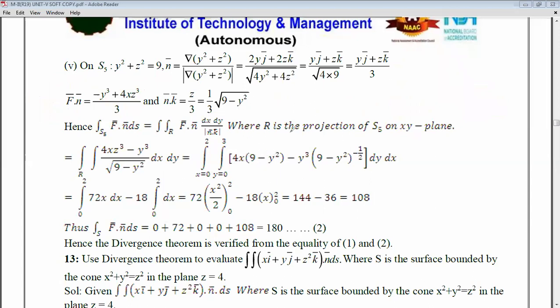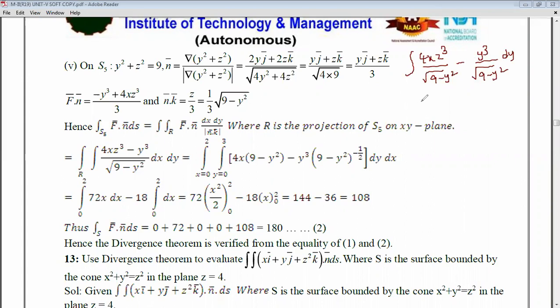So here I'm going to simplify this. Let us see that one. The integral of 4x z³ by the square root of 9 minus y² minus y³ by the square root of 9 minus y². Okay, so dy first we are doing.